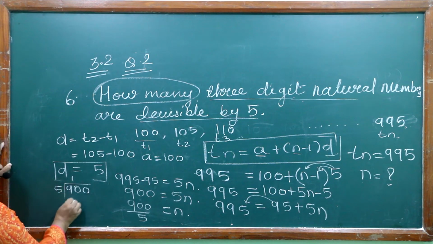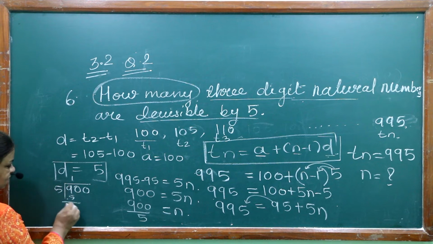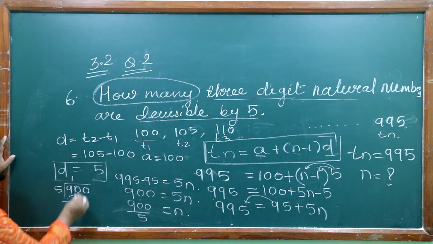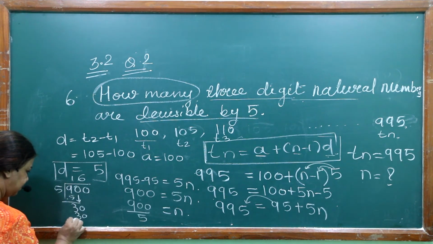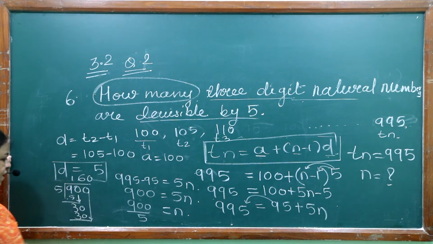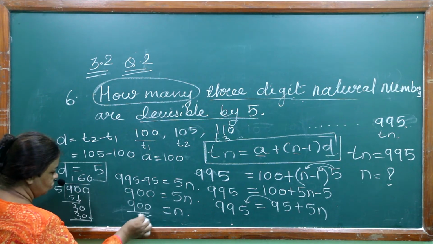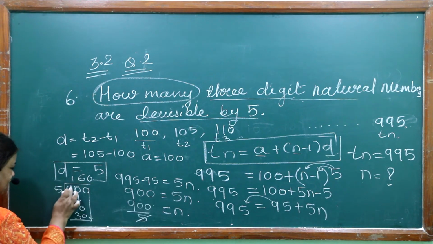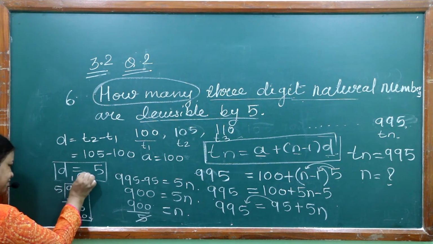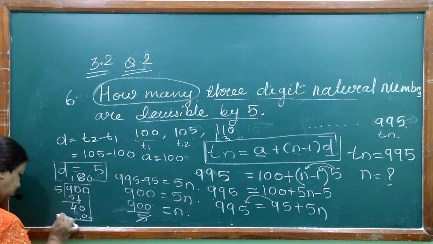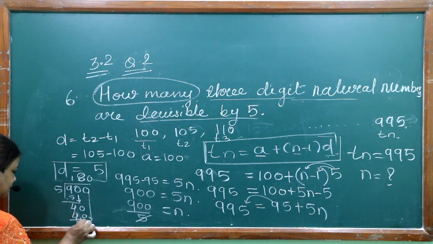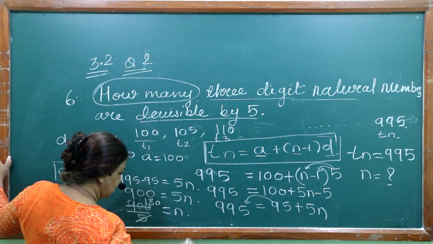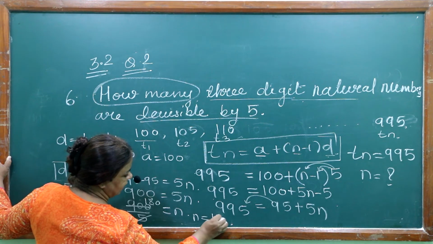See, 5 ones are 5. 9 minus 5 is 4. 0 bring down. 5 8s are 40. And 0 comes here, 180. It is 180. So n is equal to 180.